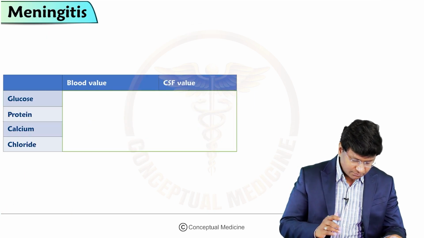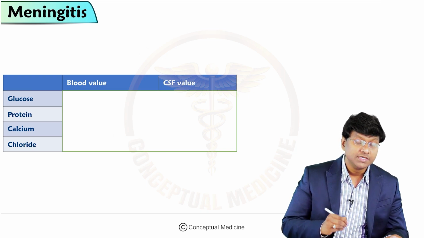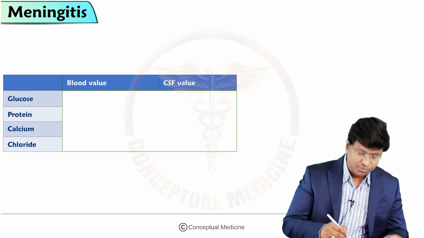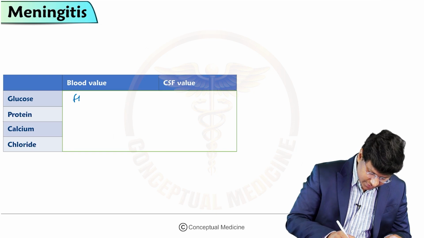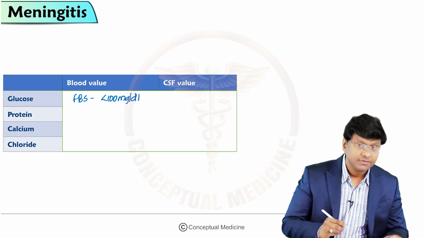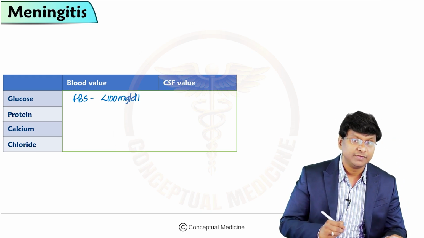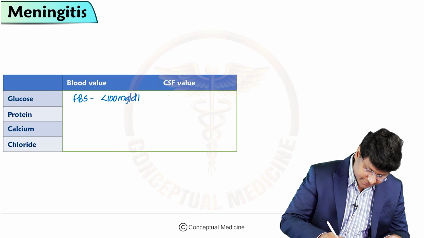If you take the serum or plasma glucose value, fasting blood sugar will be less than 100 milligrams per deciliter, whereas the CSF value will be 2/3 of the blood value.